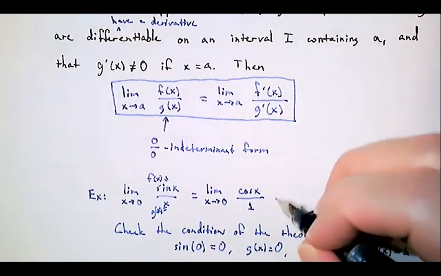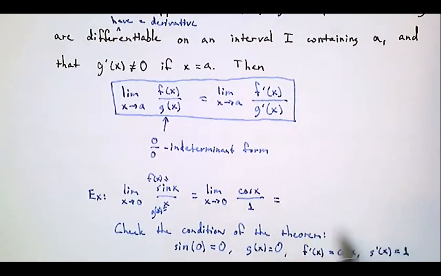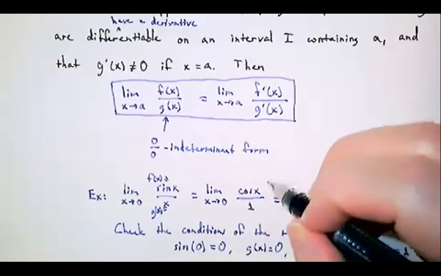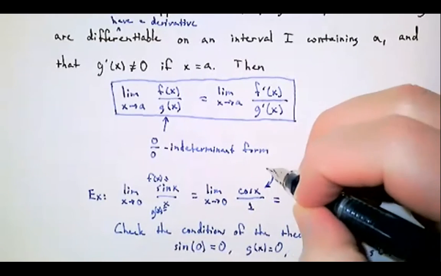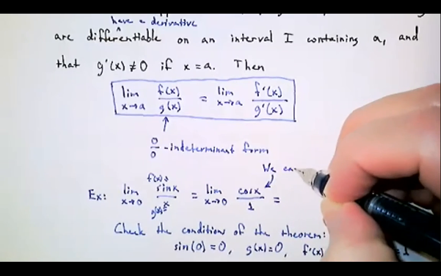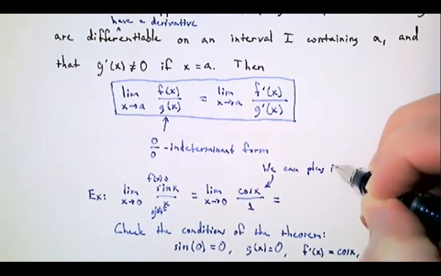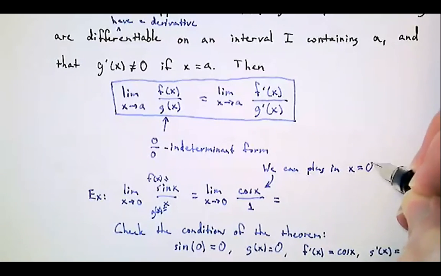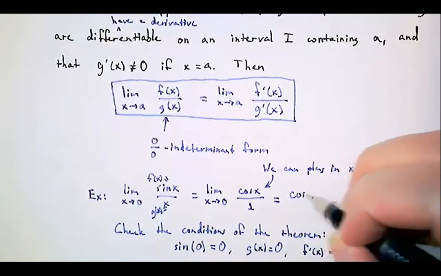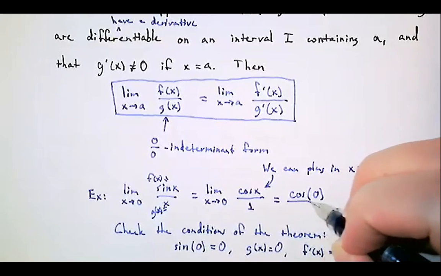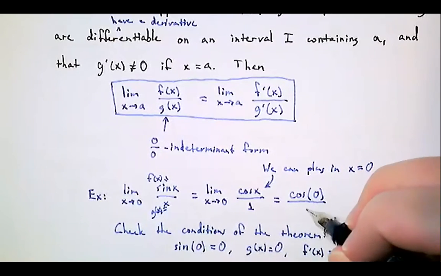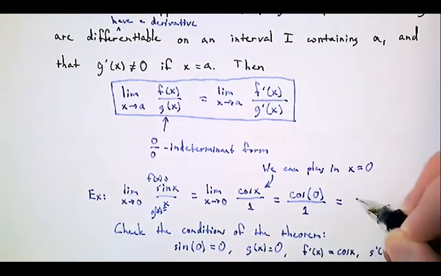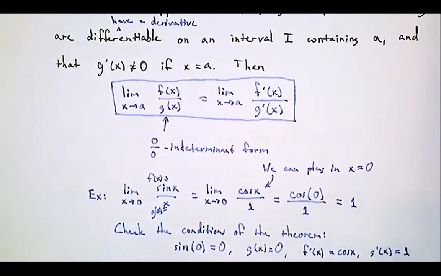Is this an indeterminate form, or can I plug in my limit since both of these are continuous? No, it's just 1 now. Now we can plug in x equals 0. We know cosine of 0 is 1, and since we're dividing by 1, we get a 1 overall. Good.